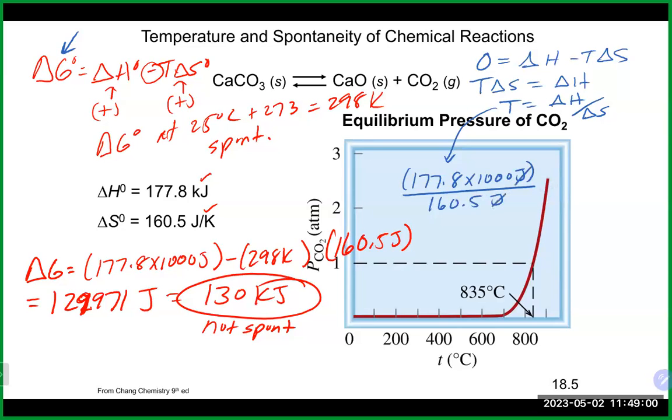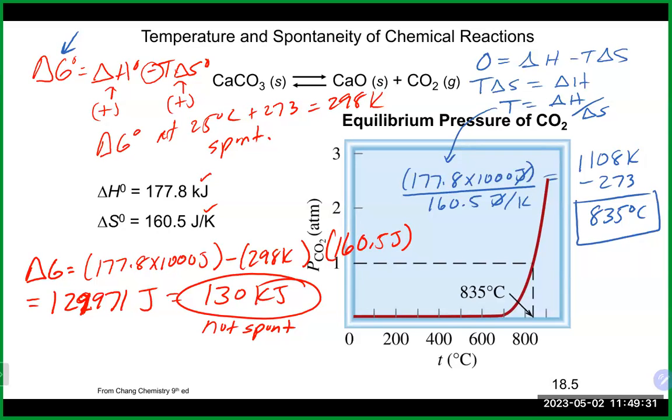That way those cancel, and obviously the Kelvin is still there, so Kelvin will pop up on top. 177.8 times 1,000 divided by 160.5 is going to give us roughly 1,108 Kelvin, which if we subtract 273 from, would give us approximately 835 degrees Celsius.